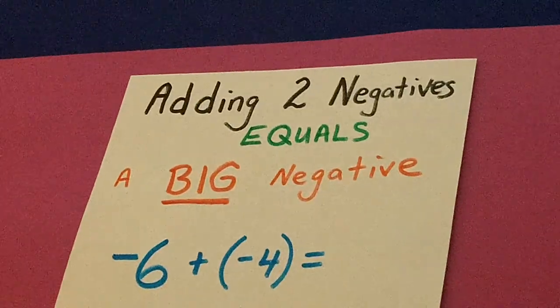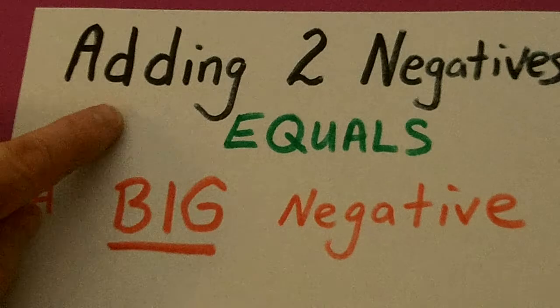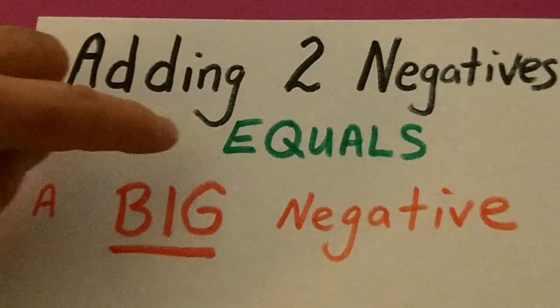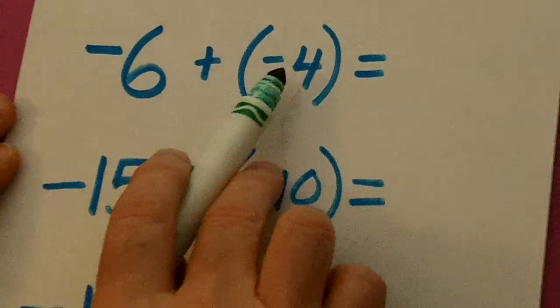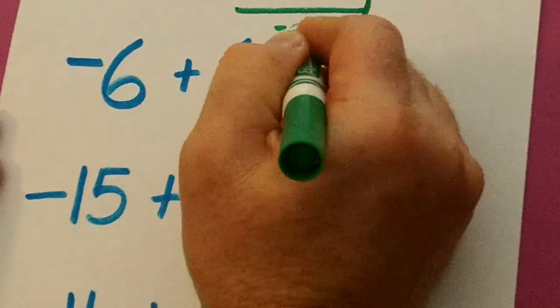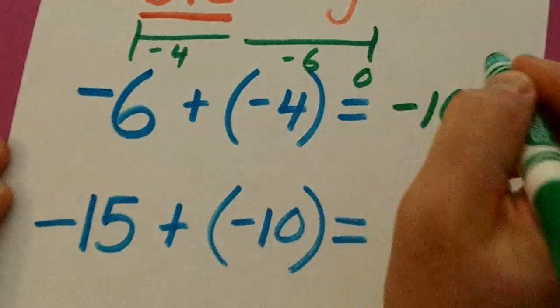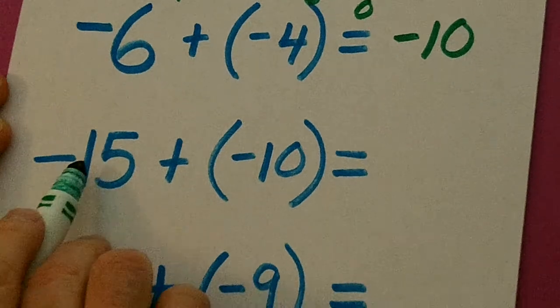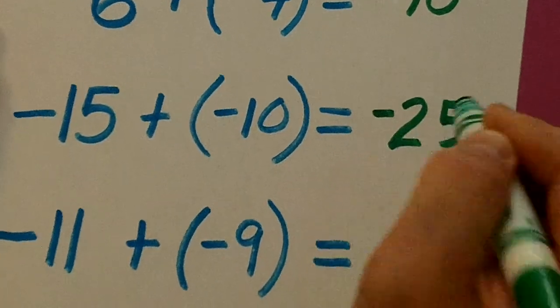Now let's look one more time at this tricky situation. Adding 2 negatives equals a big negative. Negative 6, negative 4. So here's our 0. We go back 6, we go back 4 more, and we're at negative 10. Negative 15 plus negative 10, we've gone back negative 25.